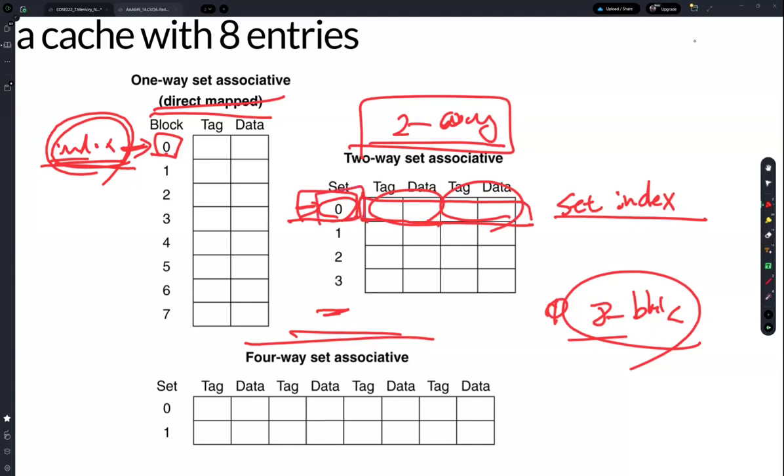We define a set of a cache, and then we can define the set index of a cache, which means that we can access the blocks of this set associative cache using the set index.